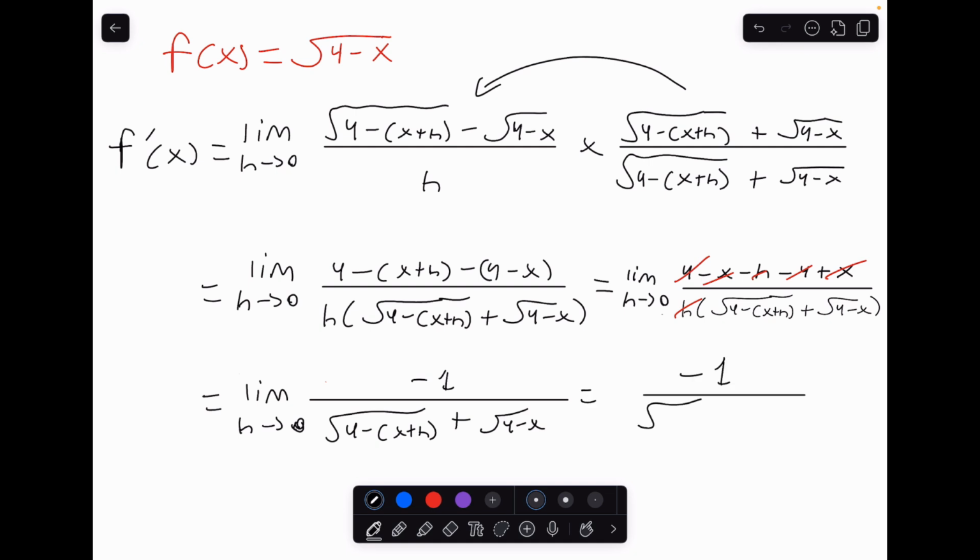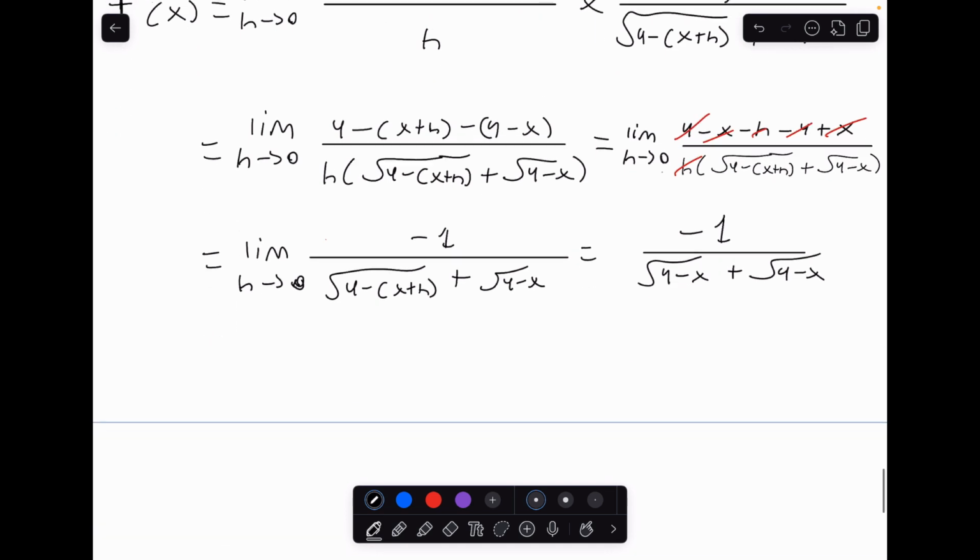Square root of, well, if that h becomes 0, it's just 4 minus x now. Plus square root 4 minus x. And that's the final answer, but you can further simplify by just representing the denominator as 2 times the square root of 4 minus x instead of having them separated.